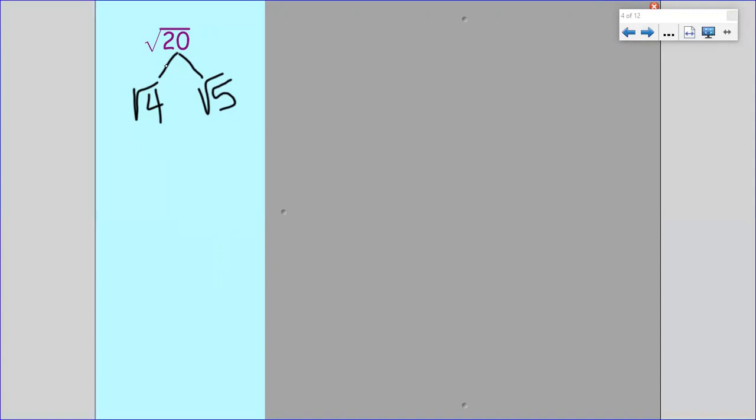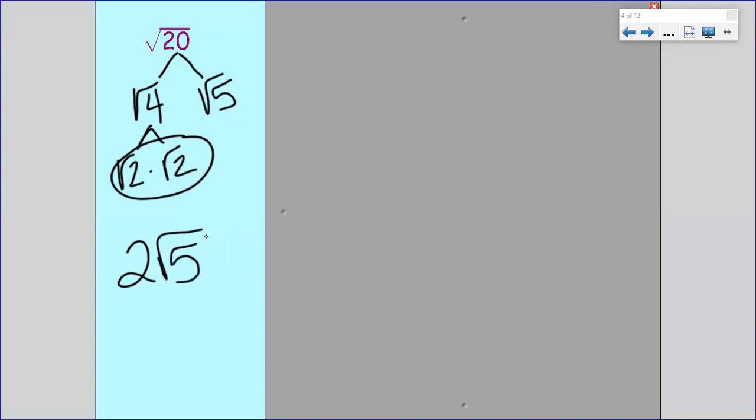We all know it's 2, but the square root of 2 times the square root of 2, there's 2 of them. It's a pair. So I'm going to pull that outside of the radical sign. So it's going to be 2. Now, 5 over here, I can't reduce that anymore to get any perfect squares, so that's going to stay underneath the radical. So there you go. 2 square root of 5 is the simplified version of the square root of 20.